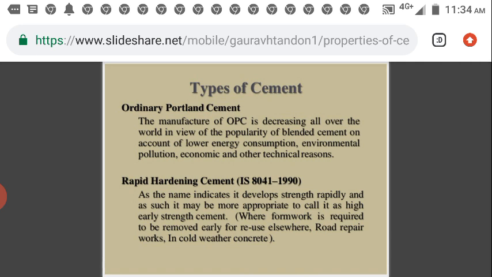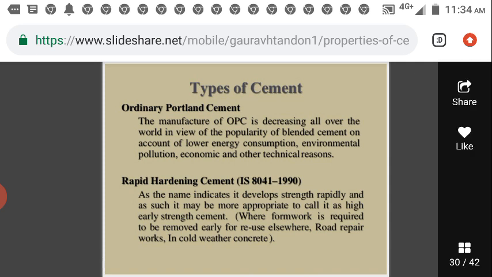So normally the sunlight is a very important parameter. Normally around 35 to 40 degrees centigrade is required for the hardening of the cement, but in cold countries it will be around 4 or 5 degrees centigrade, or sometimes minus degrees centigrade.